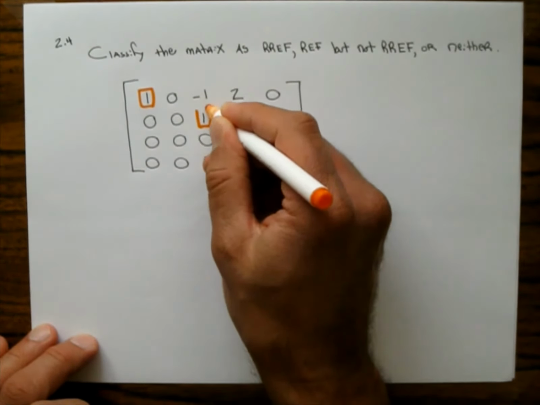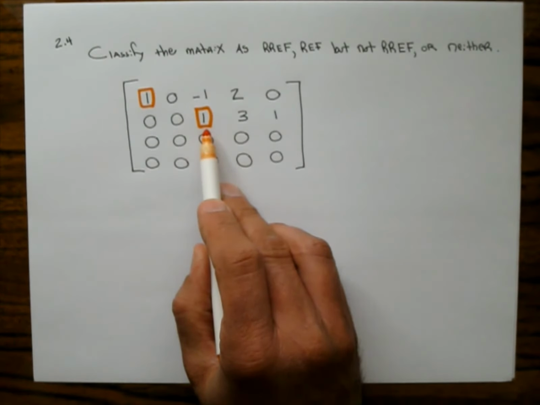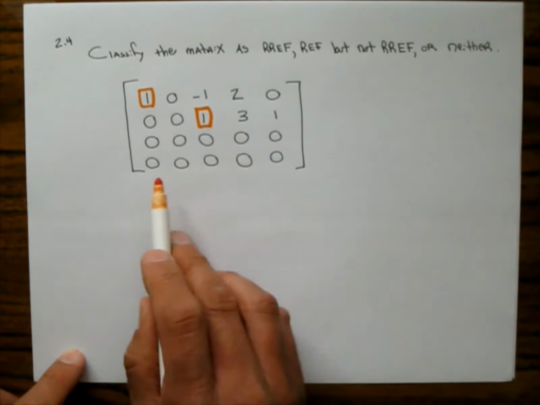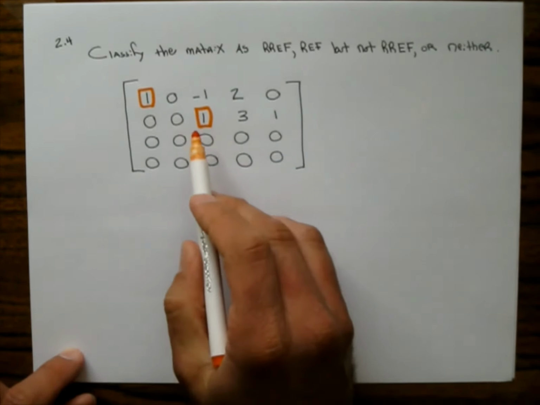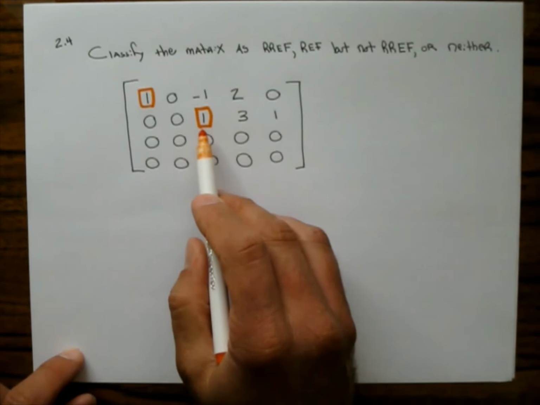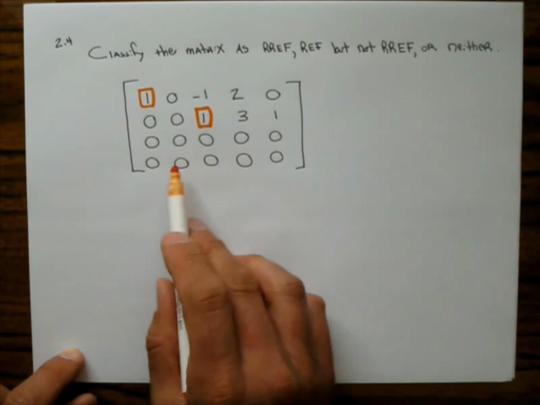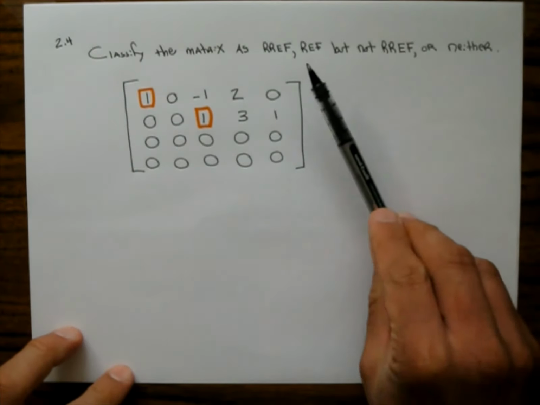Now, if that thing happened to be a negative 1 here, then we'd say it's not REF, and it's not RREF, it would be neither. But look, both of those were 1s, and then everything else is a 0 row. The third condition for being REF is, if you have any leading 1s below the first row, they are to the right of the leading 1 in the row above it. And we have that. There's only 2 leading 1s. So this thing is REF.